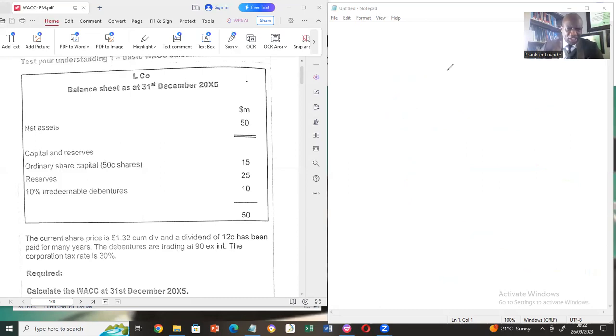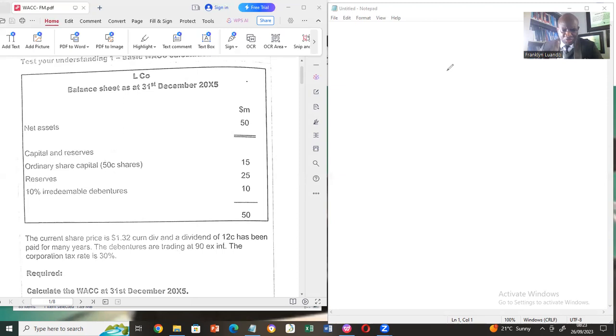We have the question here, L Limited. The balance sheet as at 31st December 20X5, net assets, capital, and reserves. Reserves, now take note, the reserves have no cost of capital. 10% irredeemable debenture, that's what we are looking at. The current market share price is 1.32 cum dividend, which means it includes dividend.